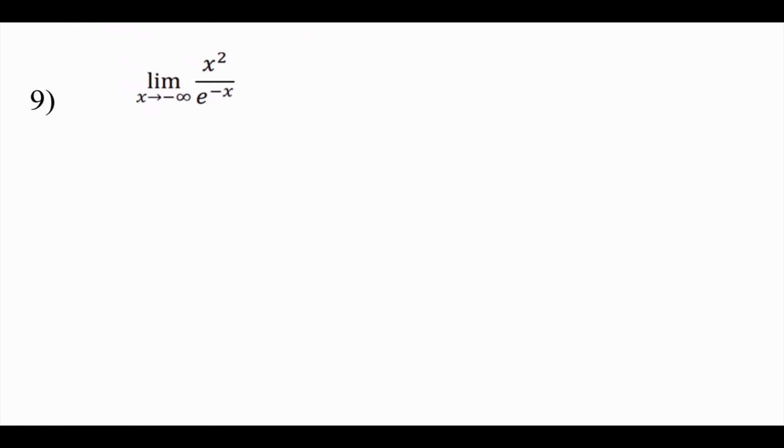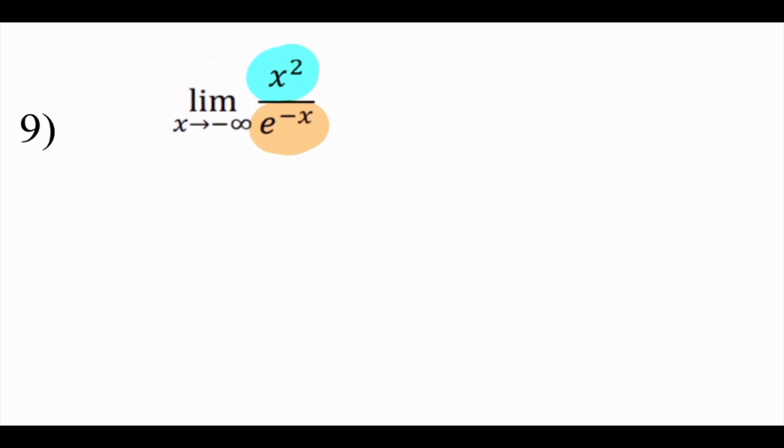So right now we have an exponential. Since it's negative infinity, what negative infinity means is I'm going to plug in a really, really small number because I'm approaching that way on the number line.